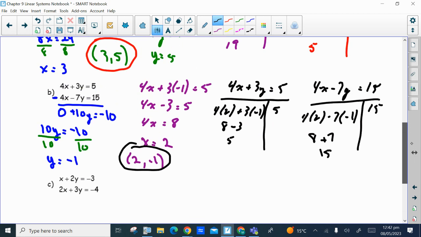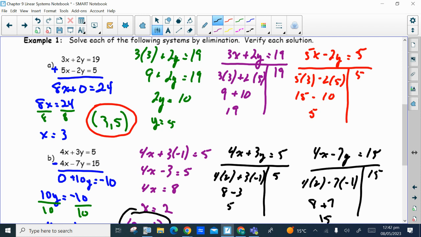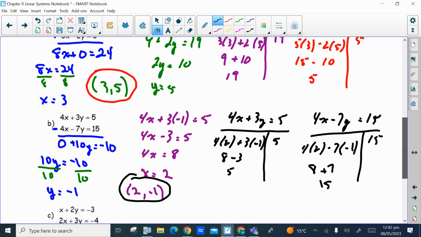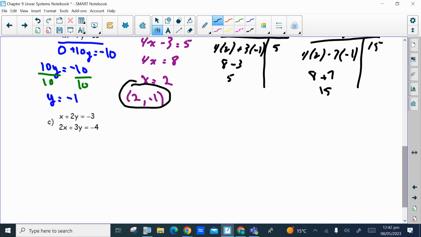So when we looked at question A, the coefficients in front of y's were opposite, so we added them together. With question B, the coefficients in front of x were identical, so we subtracted the two equations. If we look at question C, the coefficients in front of x's are not the same or opposites, neither are they for the y's either.